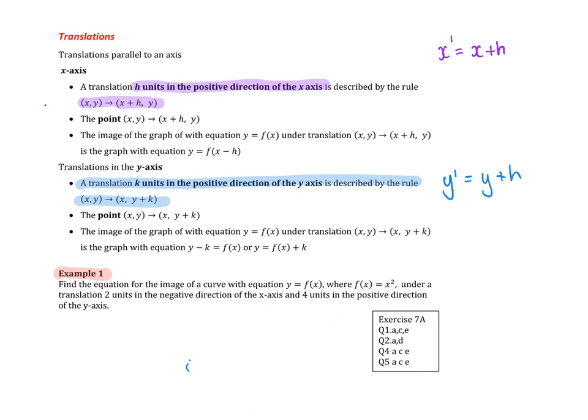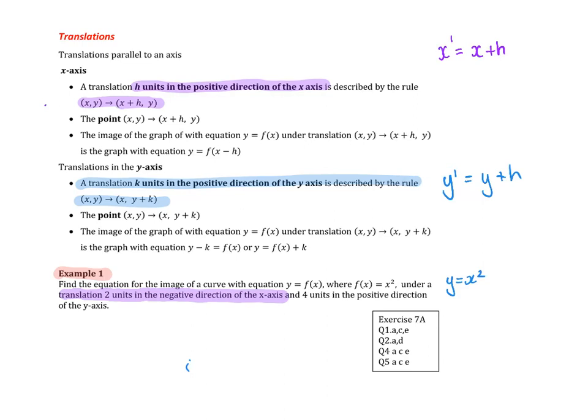Find the equation of the image of the curve with the equation y equals f(x), where f(x) is y equals x squared. So that has told me that the original formula is y equals x squared. Now we're going to do a translation of 2 units in the negative direction of the x-axis.